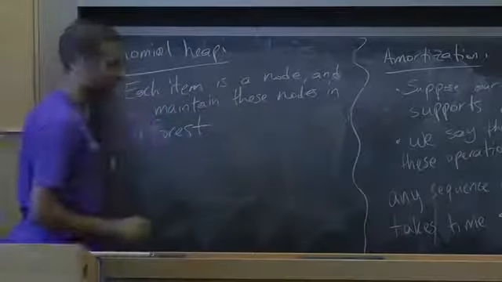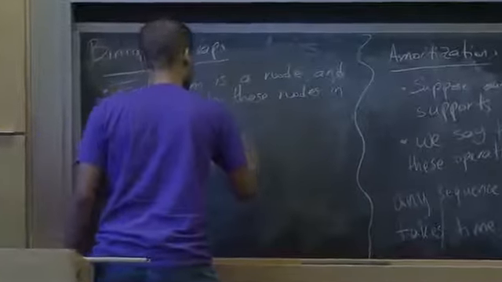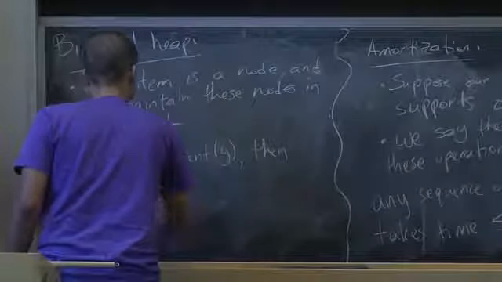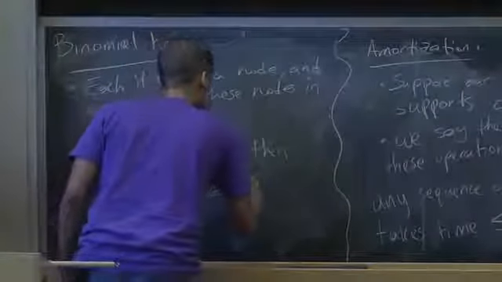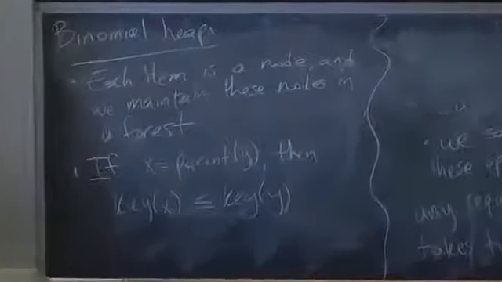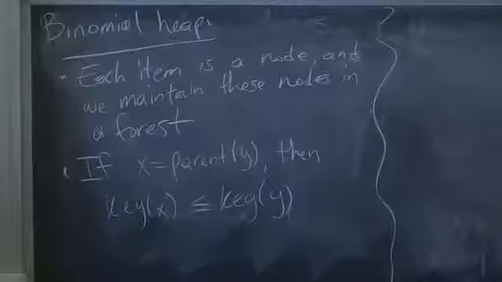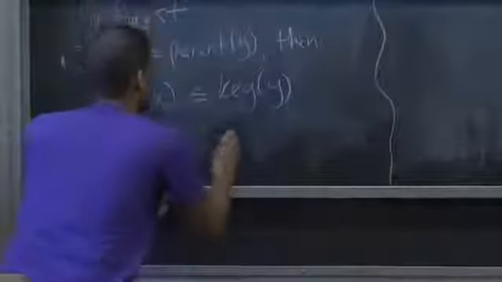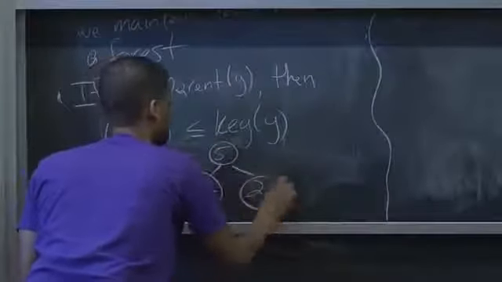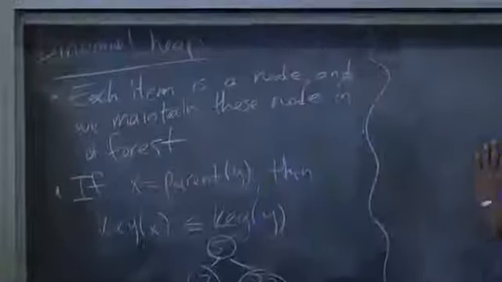Also, if x is the parent of y, then the key of x should be at most the key of y, just like in binary heaps. For example, you could have 5, 7, 22, but you couldn't have a 7 up here and a 5 below it.